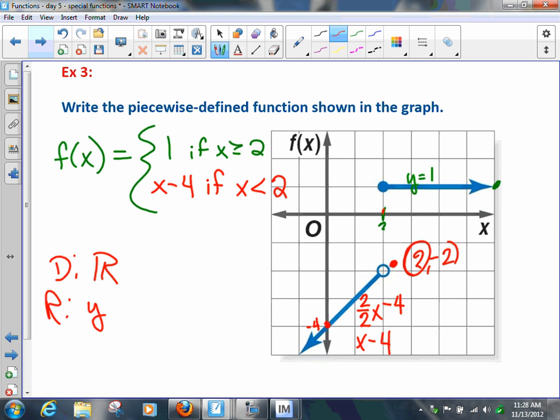What's the y value? -2. So y is going to be less than -2 and y equals 1. Because that allows for that gap in between the bottom line and the top line.